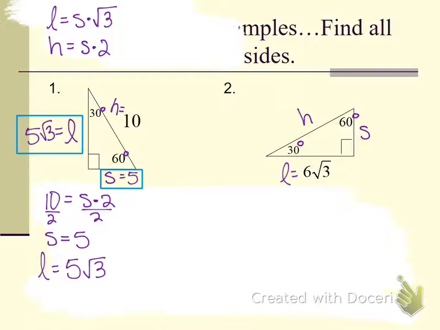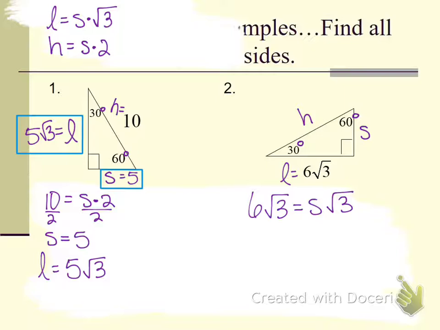All right, which side do you think we should find first? S. Always find S first if it wasn't given to you. That's always going to be the first priority. This time, we'll use the top formula first because they gave us L instead of H. So they said L is 6 root 3, which is equal to the short side times square root of 3.